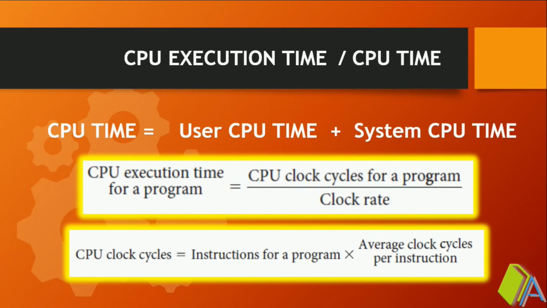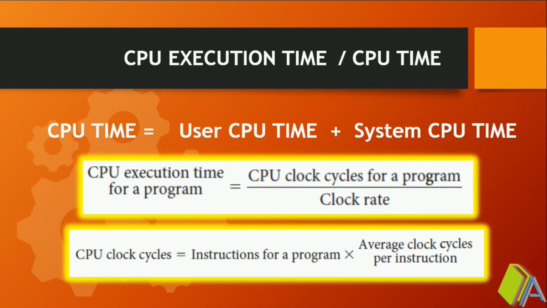For example, if you are using an arithmetic operation, assuming that all the data are available in the register itself, at that time it requires fewer clock cycles. Sometimes you may need to access the data from the memory. After that only you may process the instruction.